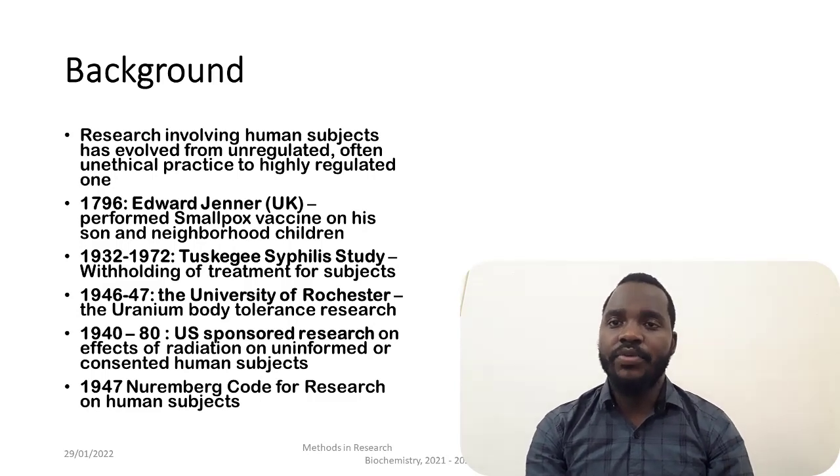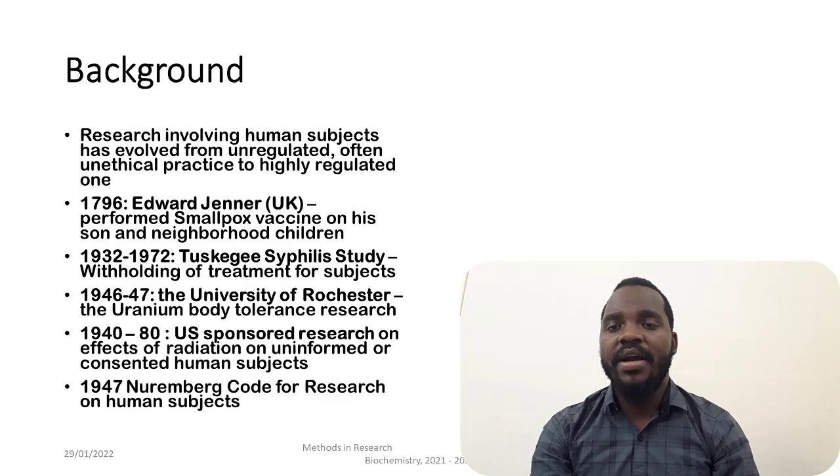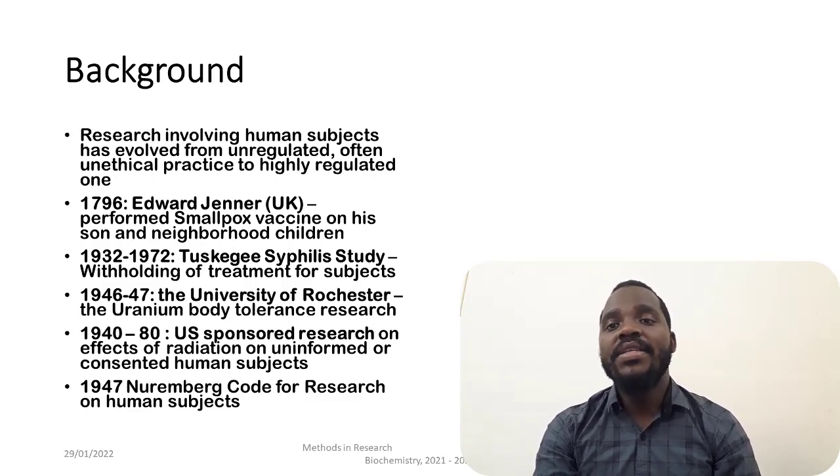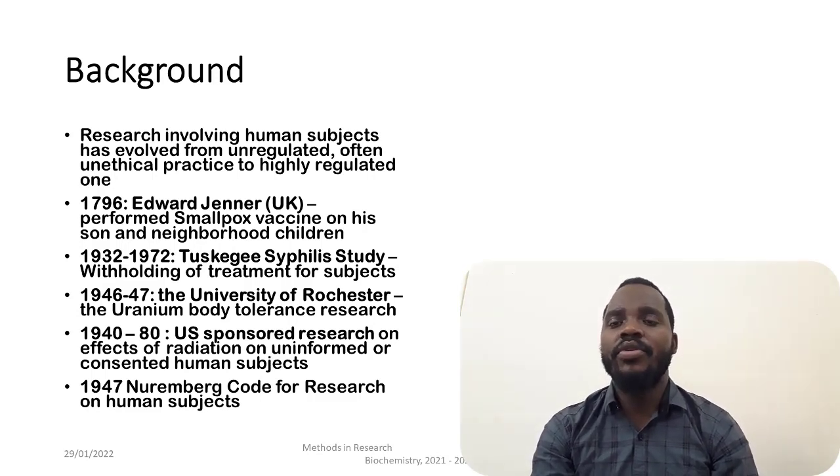In 1796, Edward Jenner in the UK tested the smallpox vaccine on his own son and some other neighborhood children. Many other unethical research practices in the past, including the Nazi research projects in concentration camps, have been recorded.